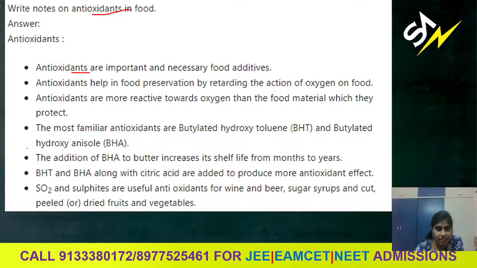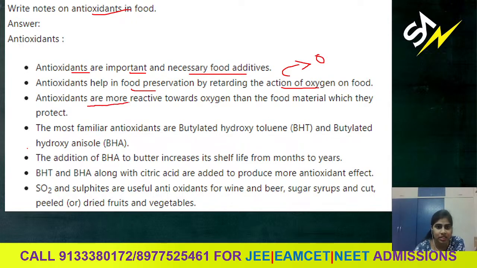These antioxidants are important and necessary food additives, and they help in food preservation, mainly by retarding the action of oxygen on food. If oxygen acts on food, the food can be spoiled very easily. Because of the presence of antioxidants, it can be stored.